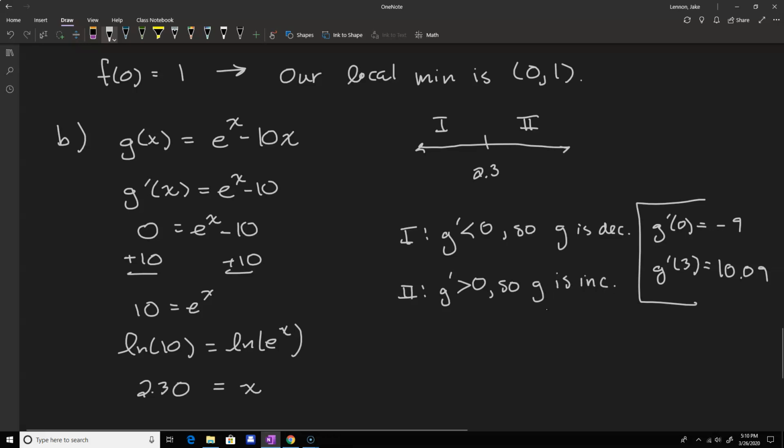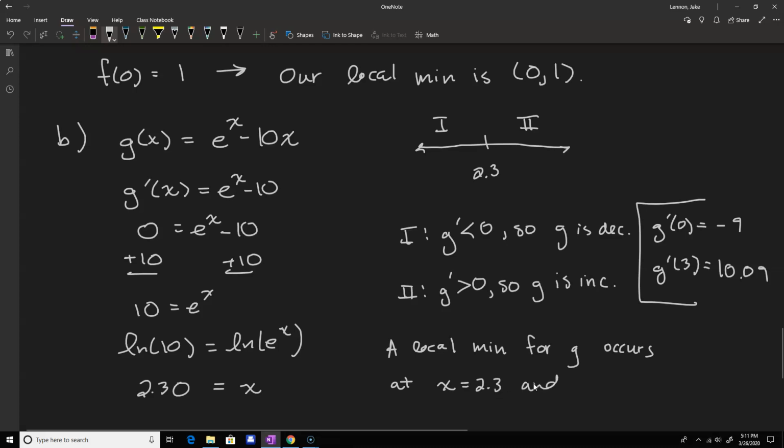So from the first derivative test, if you're changing from decreasing to increasing, then you have a local min. So a local min for g occurs at x equals 2.3.